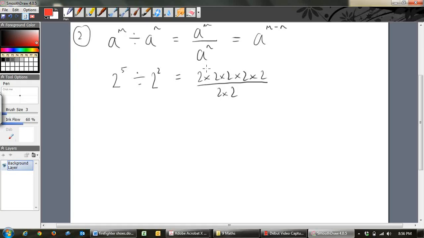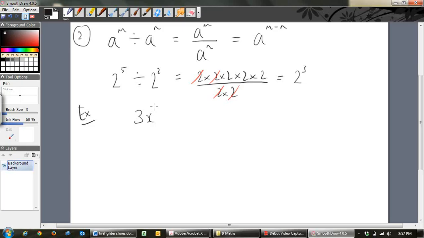Well, the numbers you've got on the bottom cancel out the ones on top. So you cancel that 2, that 2, that 2, and that 2. And so the number on the top gets less. So that's 2 cubed, by however many is on the bottom, in other words, 5 minus 2. You just subtract the number on the bottom from the top, and so you get 2 cubed. That's why it works.